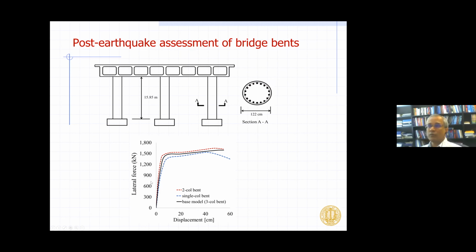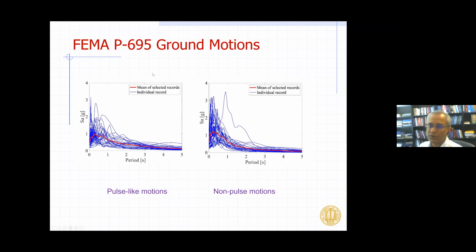All right, so after we generated this data, what we did then was to generate a whole bunch of bridge bends, single-column, 2-column, and 3-column bends, such that they all had similar lateral capacities, and then ran them through a bunch of ground motions. Here we selected the FEMA P695 ground motions.